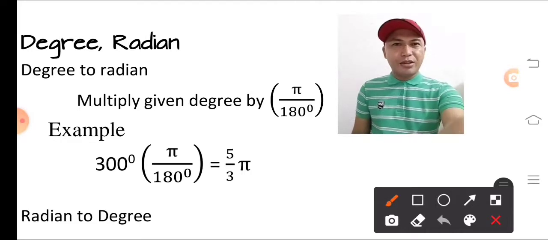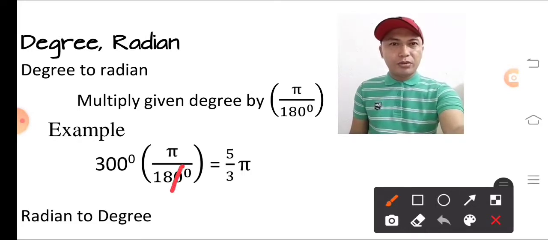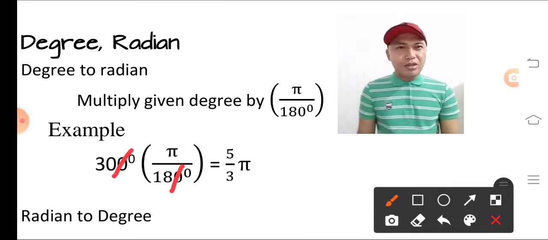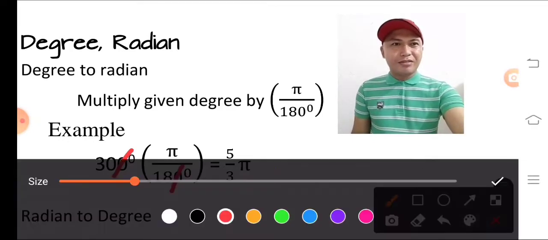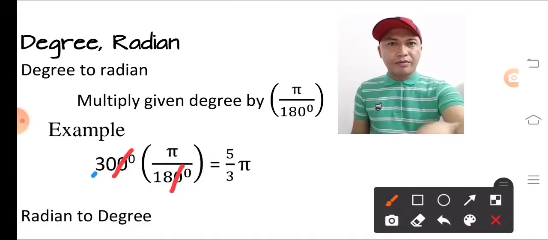Like in this case, we eliminate the unit zeros. So what is left is 30 and 18.